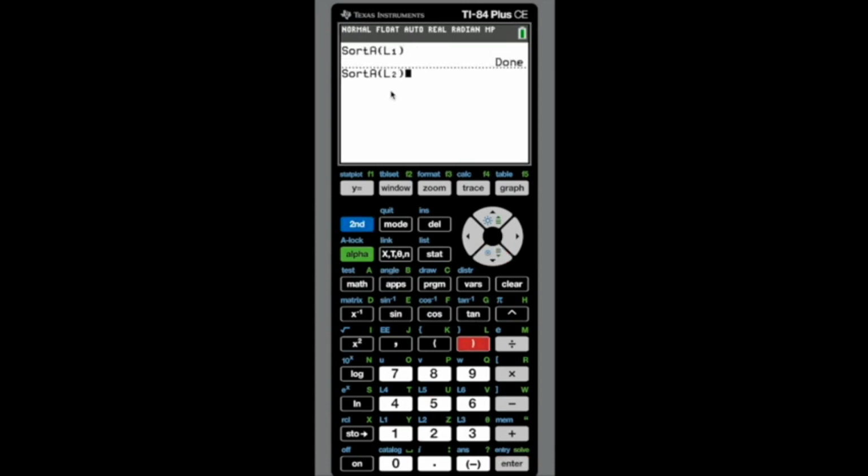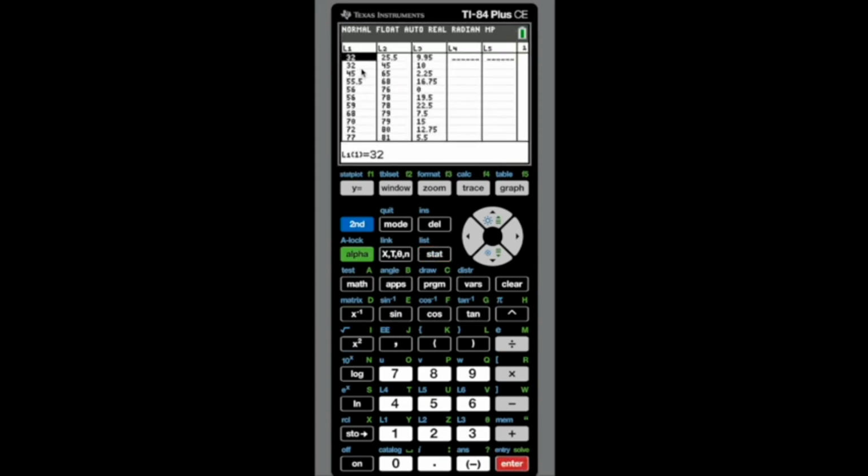If you forget where your list buttons are located, that would be above your 1 and your 2 button. So you have to hit the second button first. After you tell it to sort, the calculator will say that it's done. And so now when we go back to our calculator, we will see that everything is listed in order. So my L1 is all sorted and my L2 is all sorted.